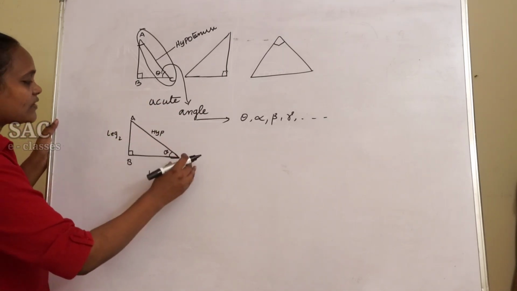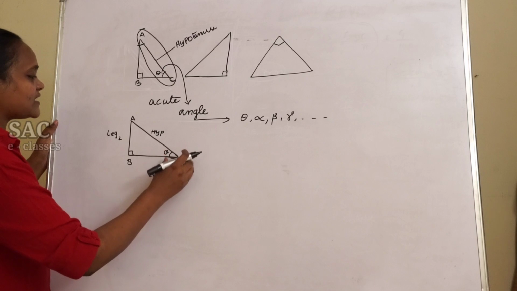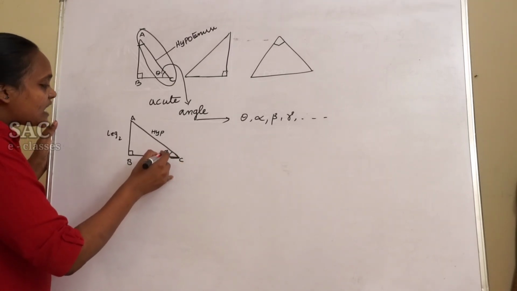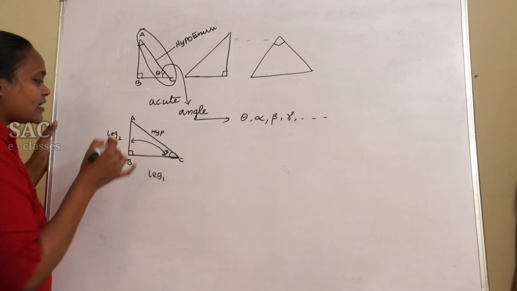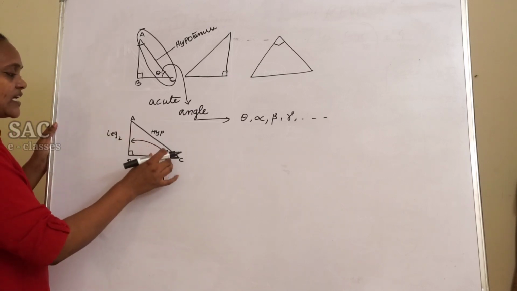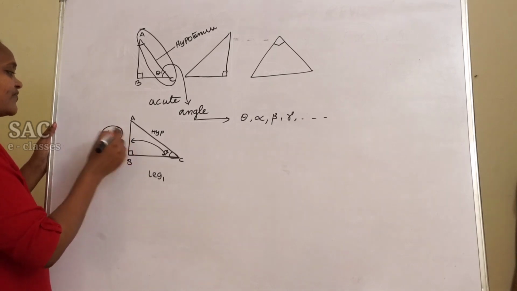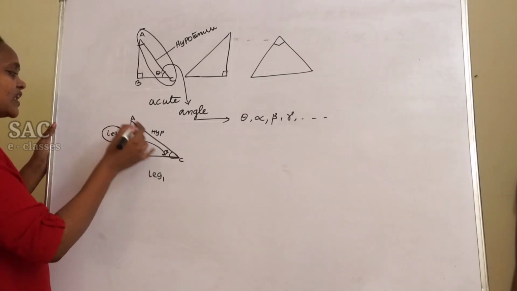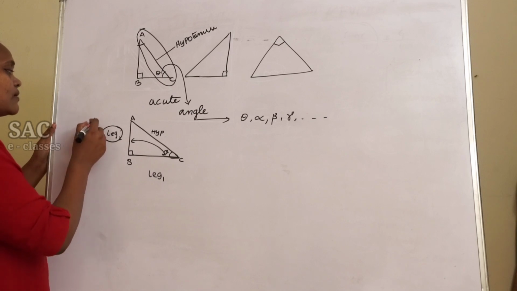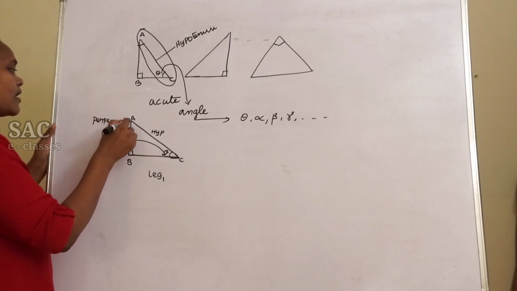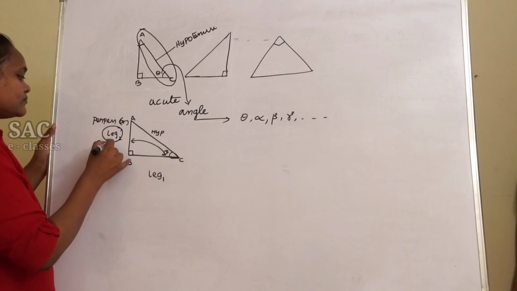If you consider one of the acute angles as the angle of reference, the side which is exactly opposite to that angle of reference, one of the legs of the right angle triangle, is the perpendicular or opposite side.